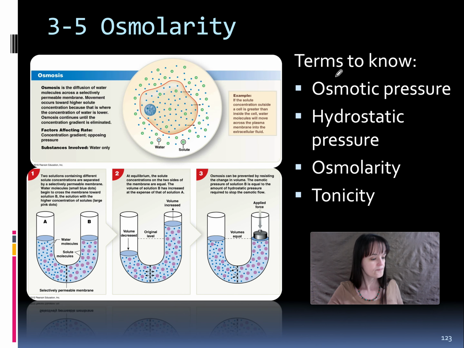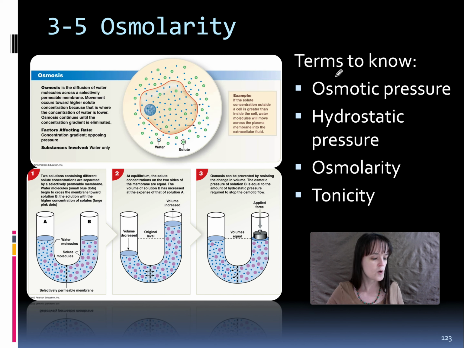Terms to know. Osmosis is the diffusion of water across a selectively permeable membrane. Osmosis occurs across a selectively permeable membrane that is freely permeable to water, but not freely permeable to solutes.